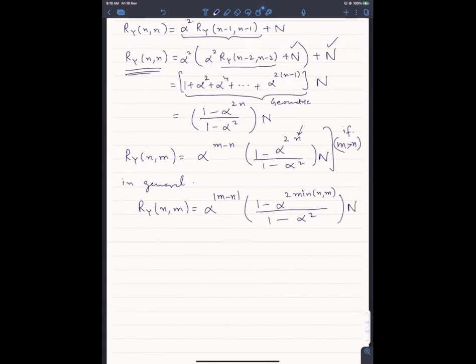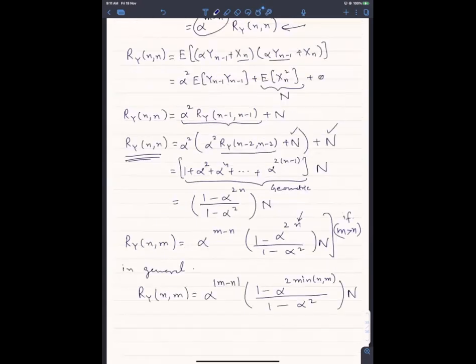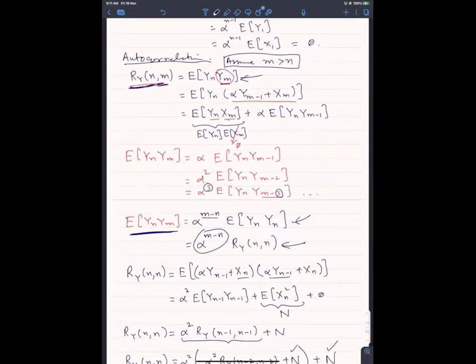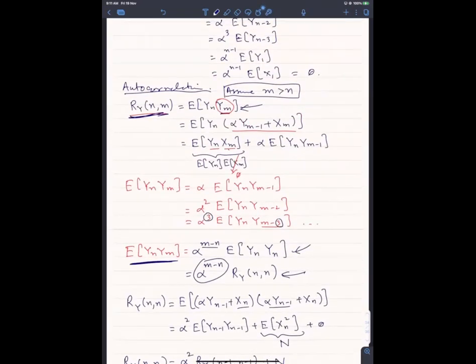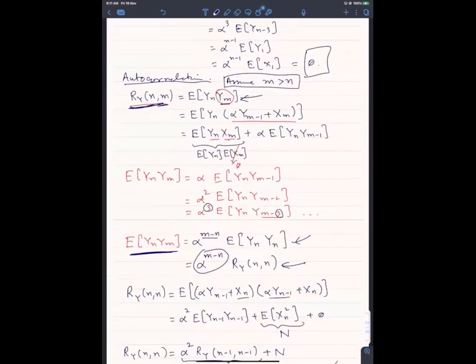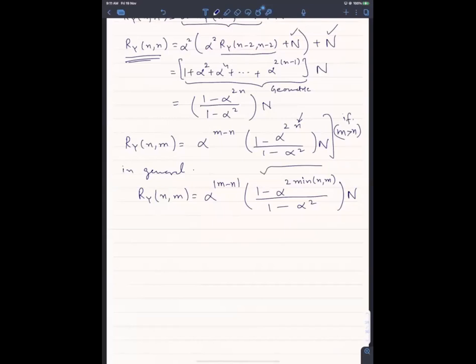Now somebody should tell me, is this process, the Gauss Markov process, wide sense stationary or not? Mean is constant 0 and the autocorrelation function is this. Wide sense stationary or not? Yes or no? Answers in the chat window. It is not, because this is not a function of m minus n.